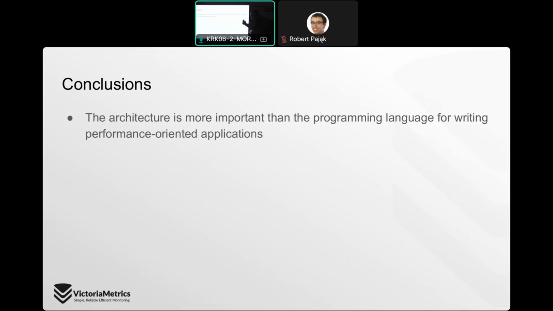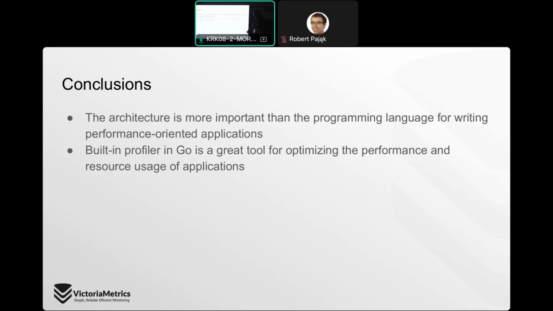Let's conclude this. So the architecture is more important than the programming language for writing performance-oriented applications. And the built-in profiler in Go is very good, and I recommend you familiarize yourself with it and use it when you need to optimize performance for your applications.